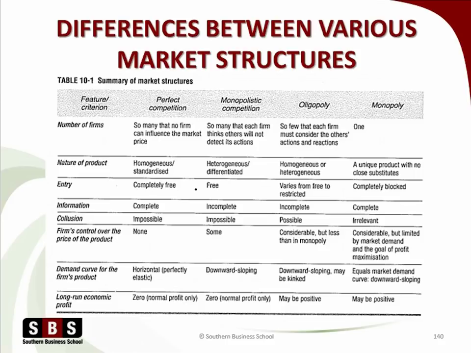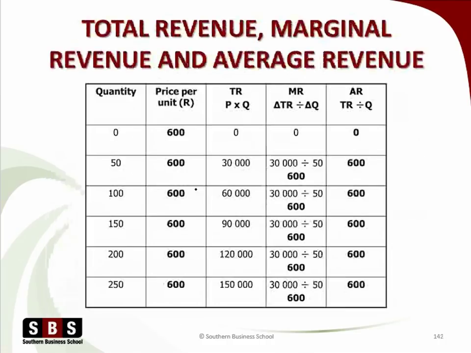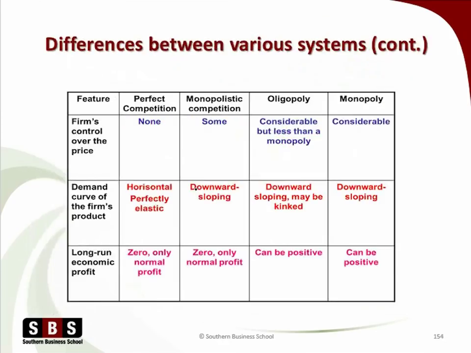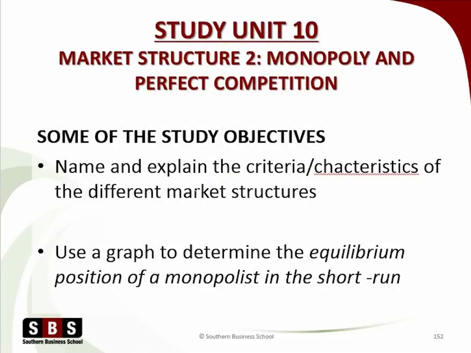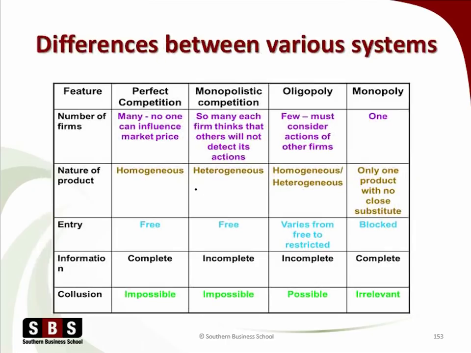So slide number 139 is important for all these market structures. 139, all right, but I remember now, it's in the next slide as well. So there's market structure 2. This is the type of table that you must learn or study. This table is the same as the other one, just in a different format. But this is the type of table that you need to know under the different systems: perfect competition, monopolistic competition, oligopoly, and monopoly.